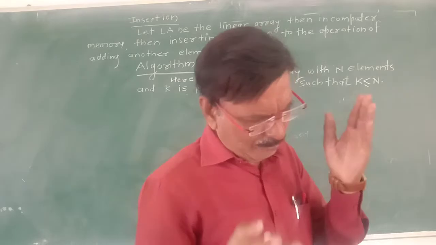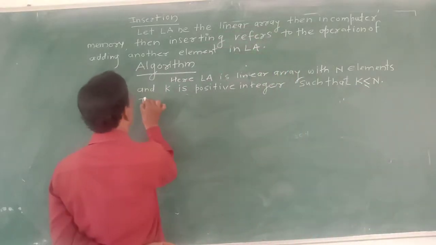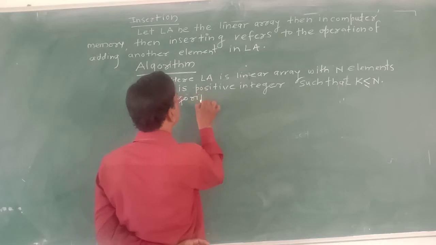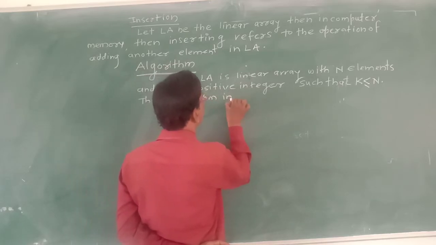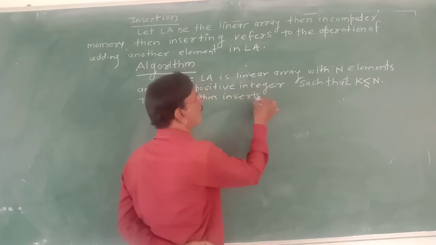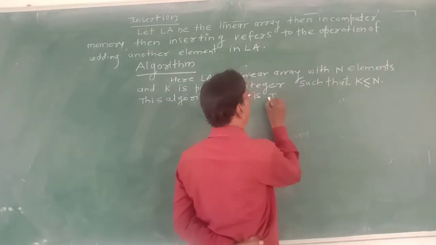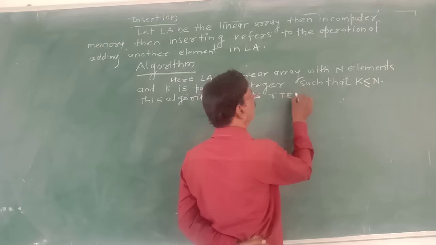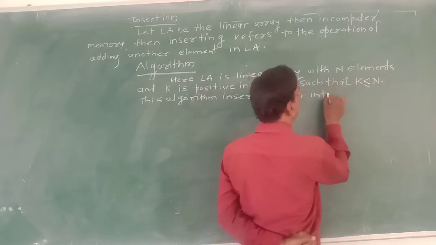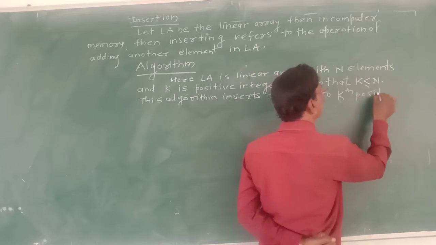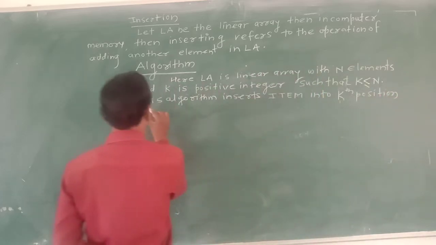So this algorithm inserts a new item, whatever is in the variable item, into the Kth position of it.